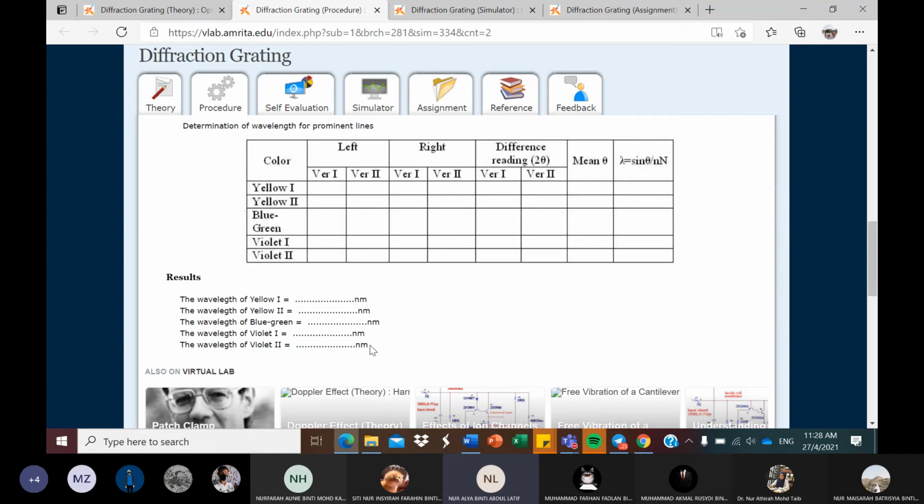So you can compare with the result that you get to know the percentage difference between the theoretical and the actual values. I think that's all from me. Thank you.